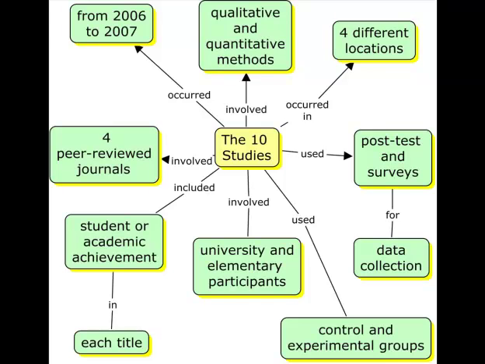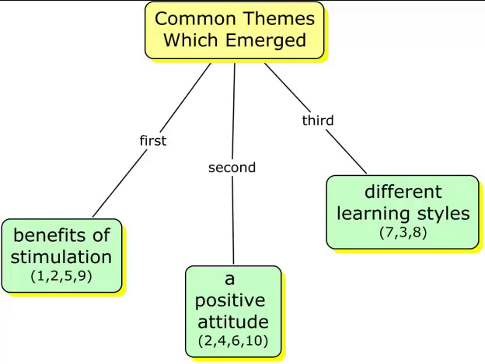The purpose of the analysis was to identify similarities and differences, to identify patterns, and to find common themes. The analysis provides some of the current research regarding the implications of technology use on student achievement, as well as some other individual factors that can affect student achievement while using technology, such as an individual's learning style. 3 themes emerged from the analysis of the 10 sources.